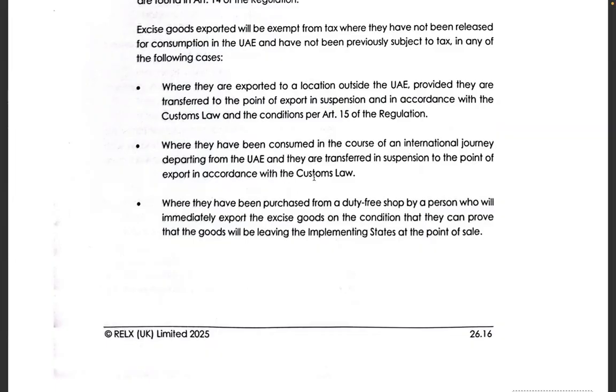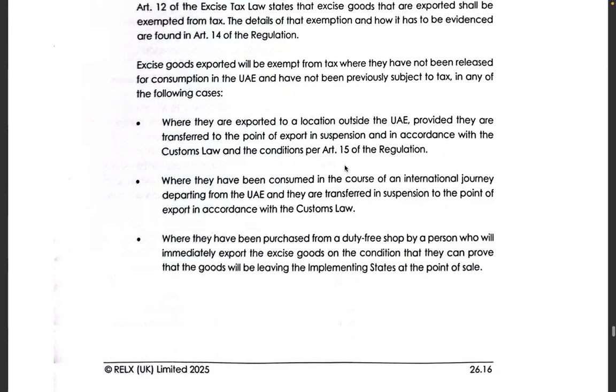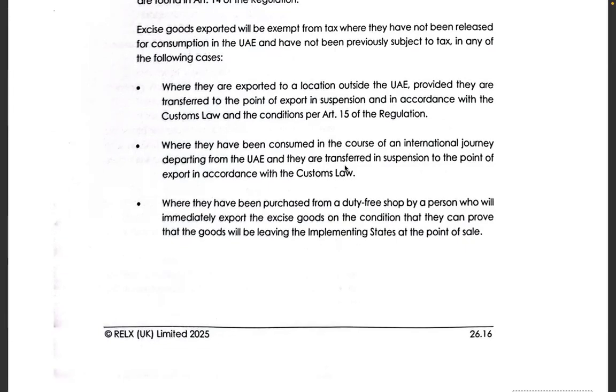So there's a customs suspension regime. If you put a good into a customs suspension regime, then it acquires a particular status. So if it is in a customs suspension regime and they are consumed in an international journey, then they will be exempt for the purposes of excise tax.